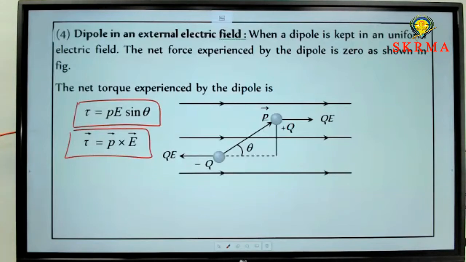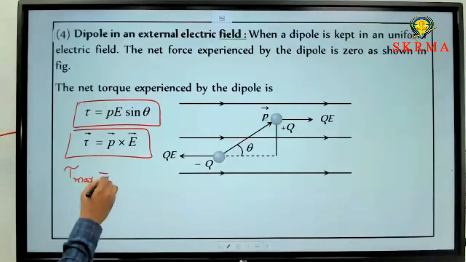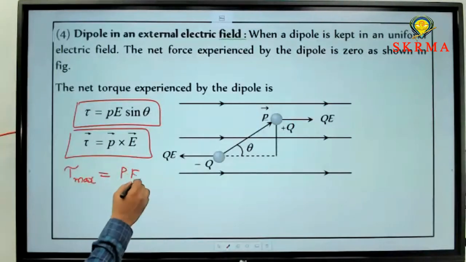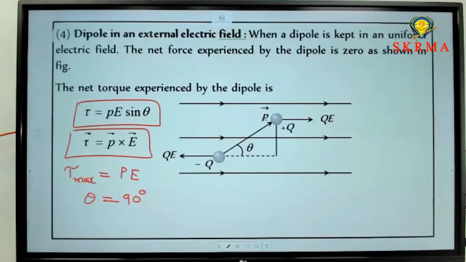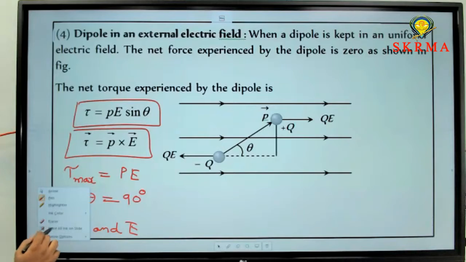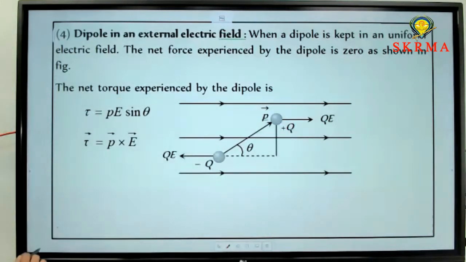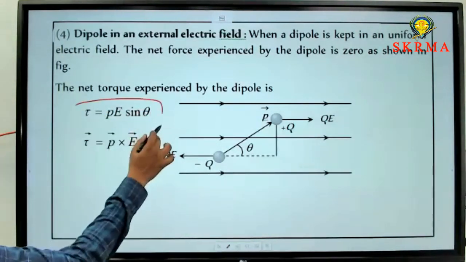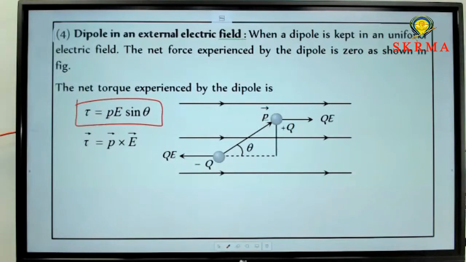Now, what is the maximum torque? Torque is maximum when theta equal to 90 degrees. Theta is the angle between dipole moment P bar and electric field. So check this once. Here P is dipole moment, E is electric field.